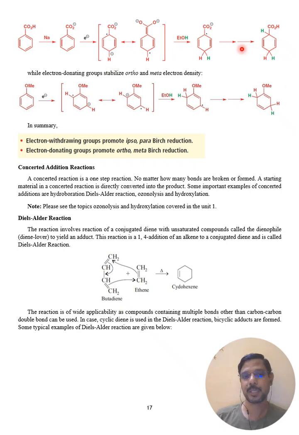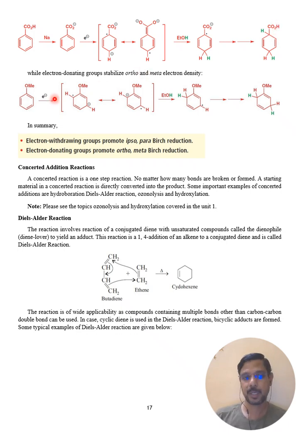Now the formation of the carbanion will be stabilized by this electron withdrawing group. Where the COOH group is attached, that carbon stabilizes the carbanion. So the carbanion abstracts the proton, and then the reduction happens on that same carbon where the electron withdrawing group is present, right?